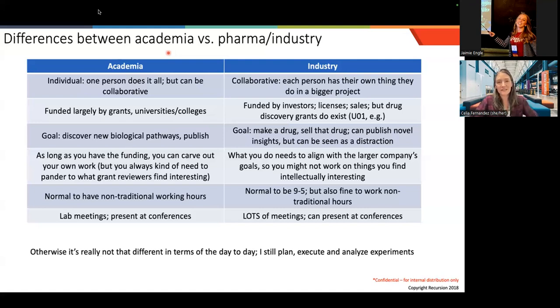But we're de-incentivized to do that in industry because we don't want to leak out trade secrets, right? And so it's very rare to have the go ahead from legal to be able to publish something. Usually if somebody's published and they work at a company, it's because the thing that they published on failed and it's not going to go to market. So no matter how great it sounds, they're probably publishing it because they can't make a drug out of it.